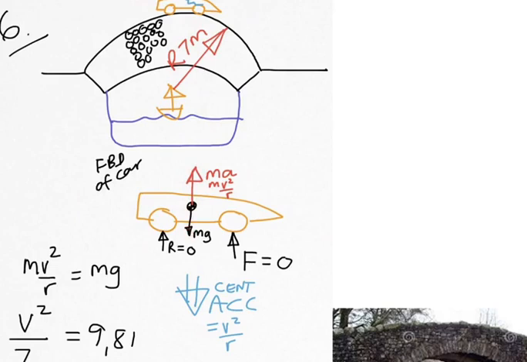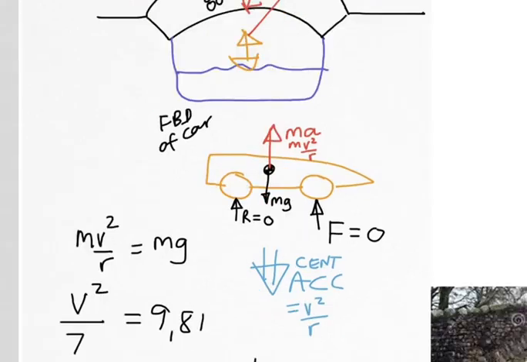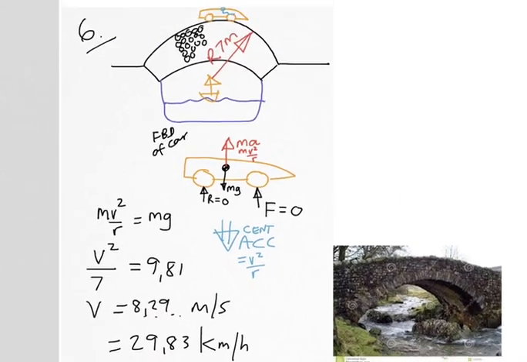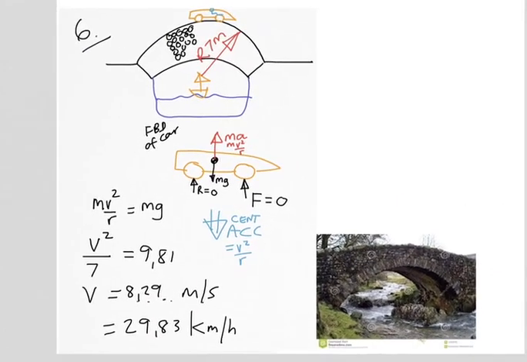So mv squared over r, remember m carries through, and a is in fact v squared over r, so mv squared over r is your ma term, and it is equal to mg, one force up, one force down. And you can solve for v, and you find that at 8.29 meters per second, or 29.83 kilometers an hour, this vehicle will be on the point of lifting off the ground and cannot go any faster.